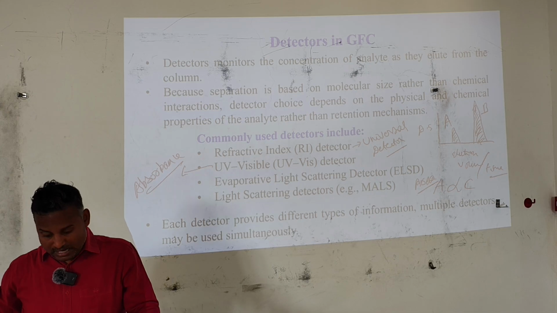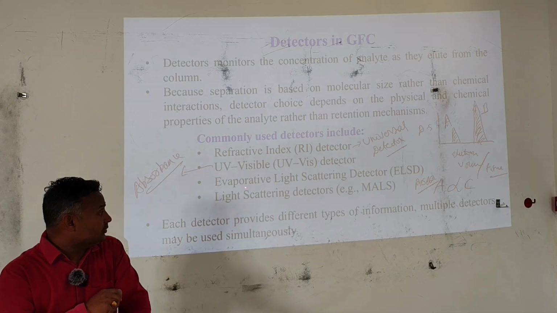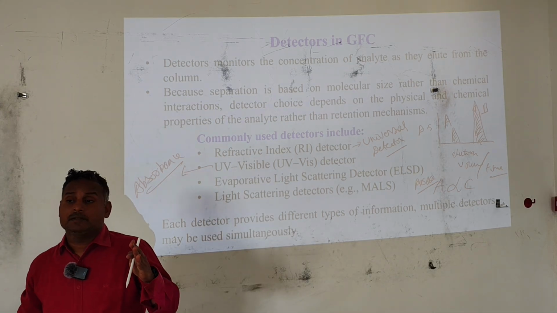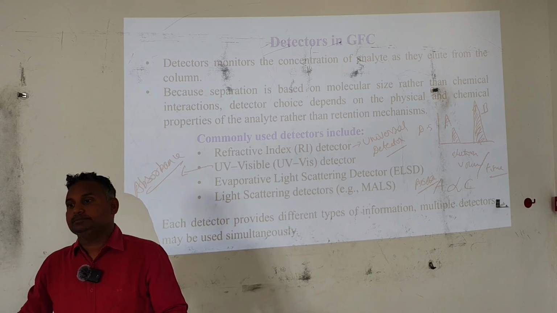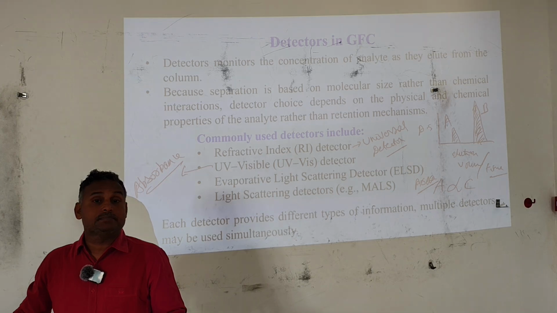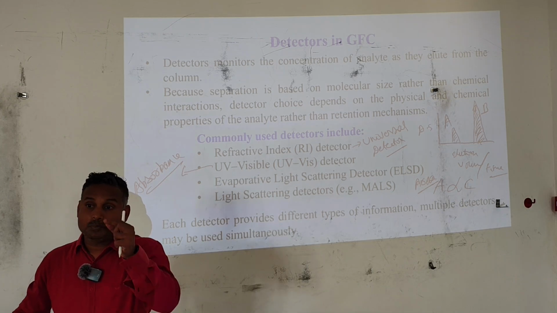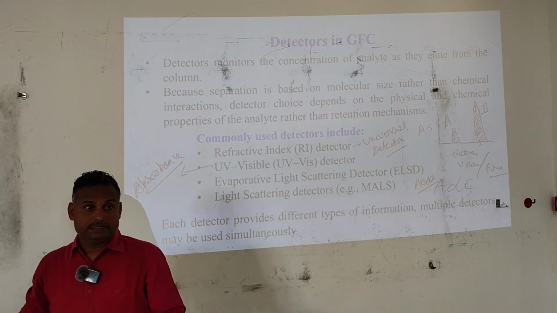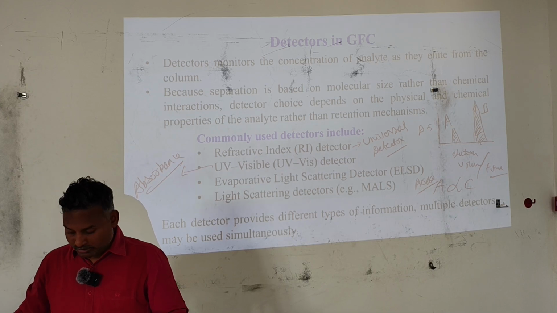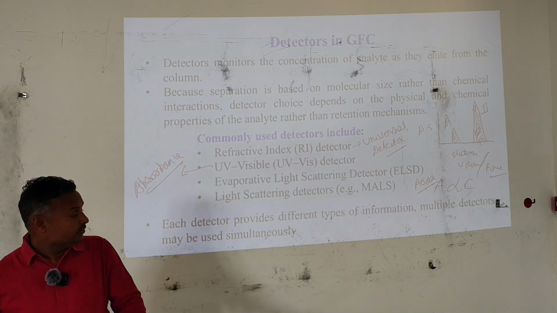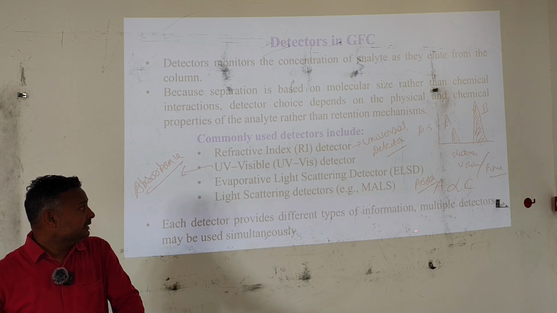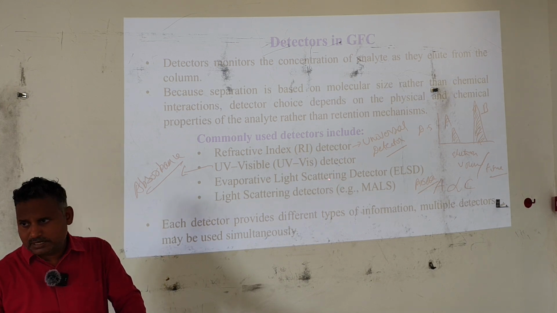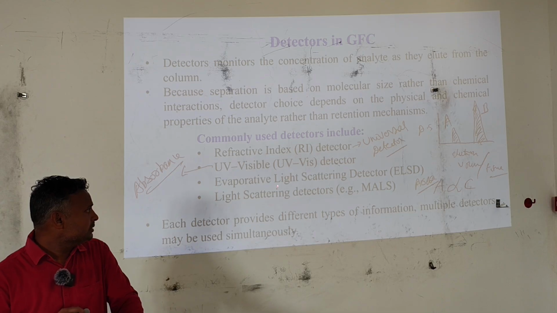Evaporative here means converting the liquid into aerosol, and then making a laser beam scatter on the droplets, and that scattered light is what we are detecting. Light scattering detectors are also similar. They also work on the light scattering phenomenon.